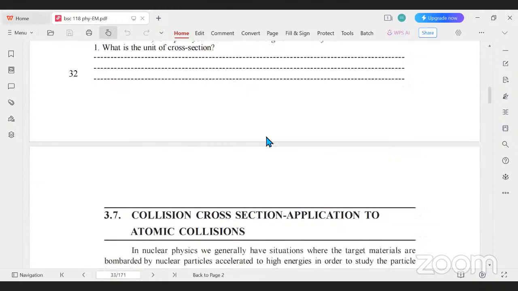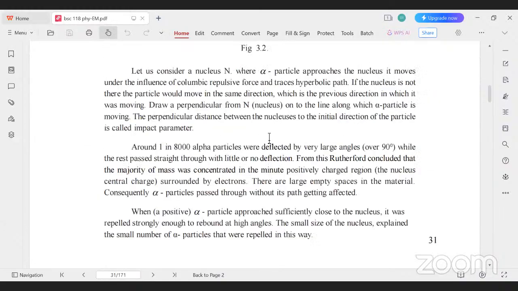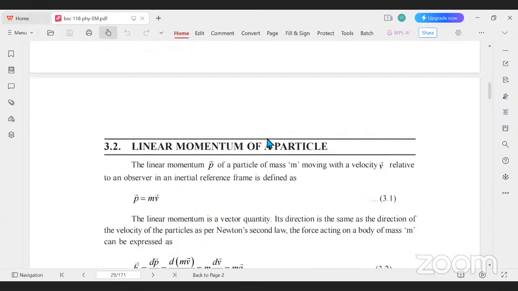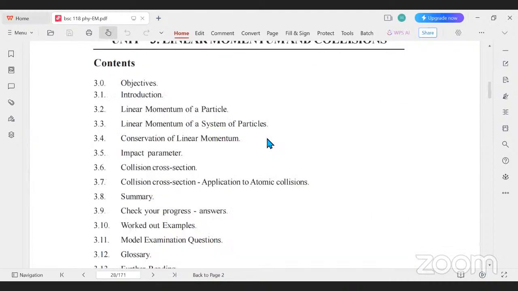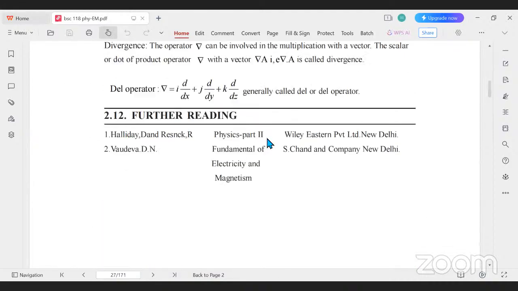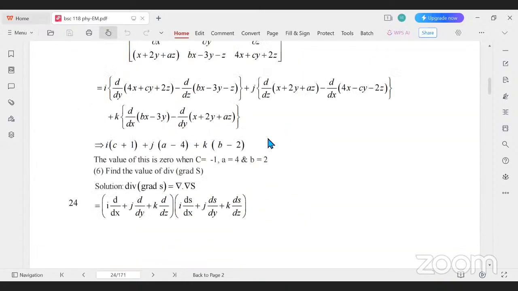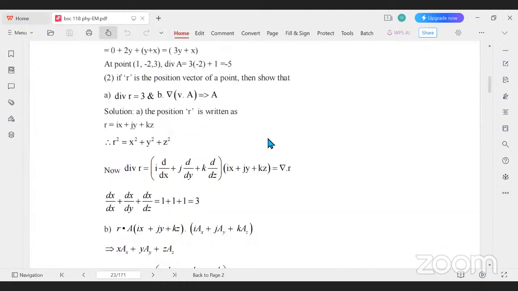So what was the second unit? Collisions. Linear momentum and collisions is the third unit, and the second unit we have done, that is vectors and scalars.